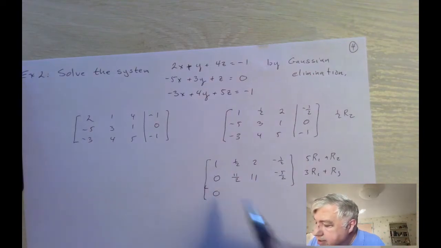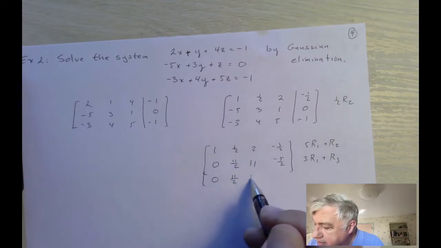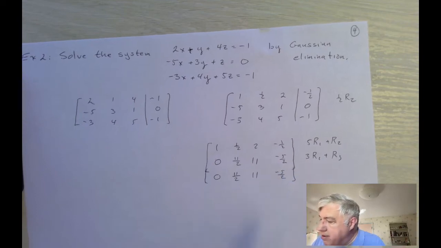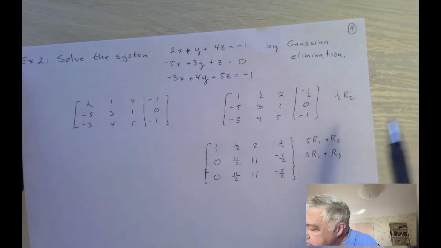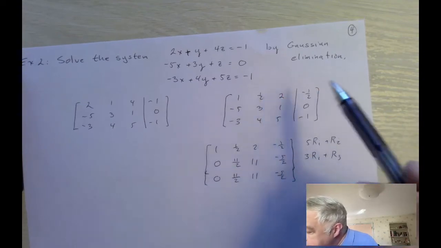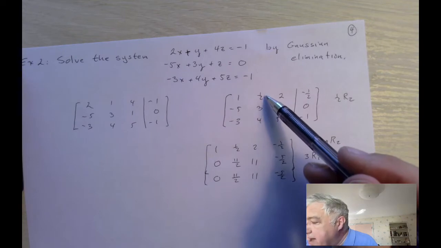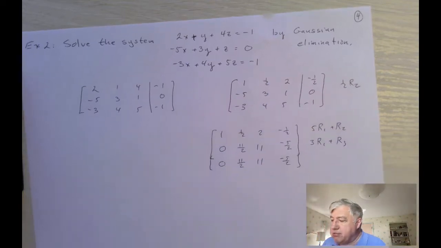And then the third row miraculously is also equal to that. If you do the fractions, for example, you have 5 halves plus 3. That's 5 halves plus 6 halves. That's 11 halves. Okay, it's just arithmetic.